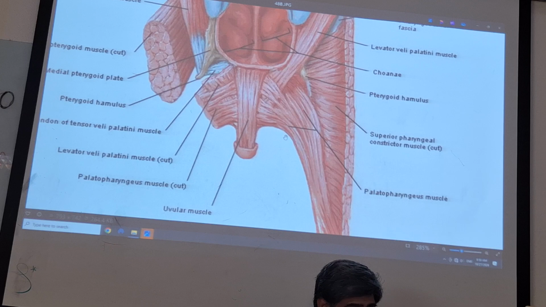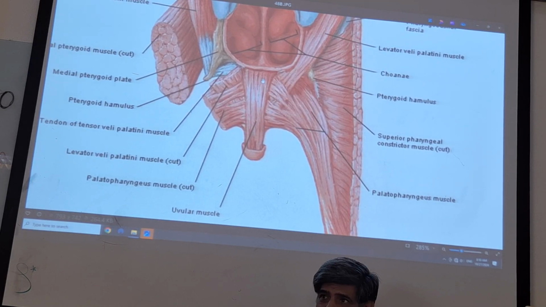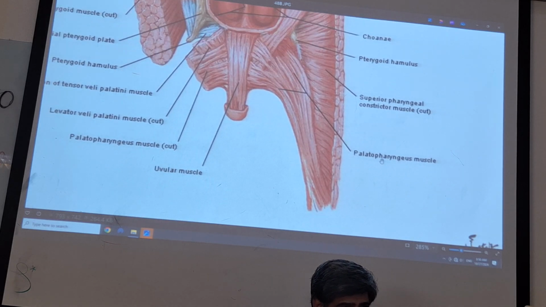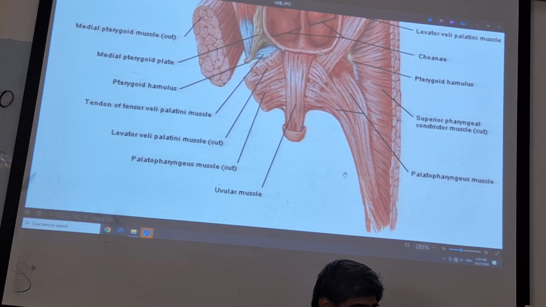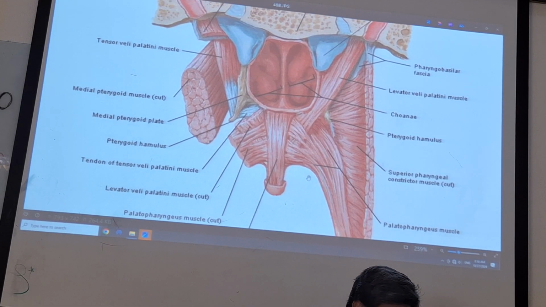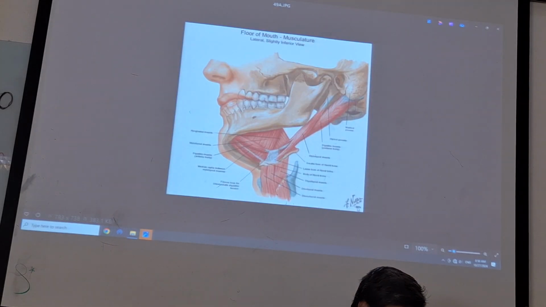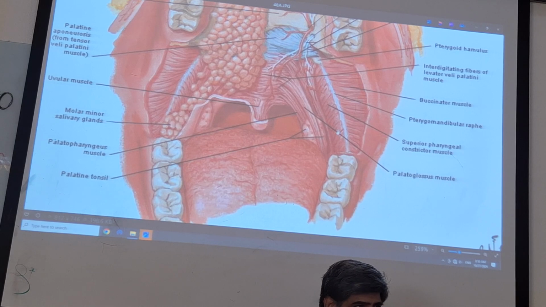And another muscle, the uvula muscle, has origin from the posterior nasal spine and the posterior border of the hard palate, with insertion into the uvula. Palatopharyngeus has origin from the palatine and insertion into the pharynx. And palatoglossus has origin from the palatine and insertion into the tongue.